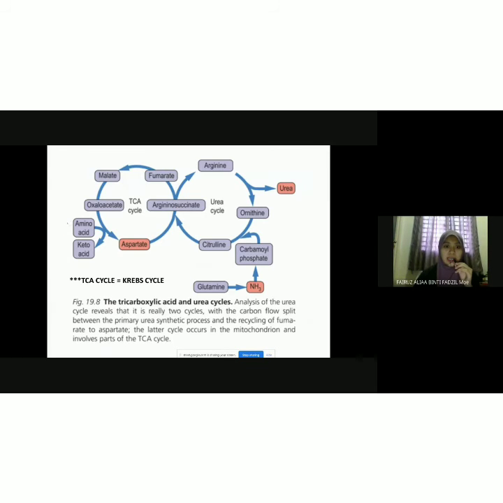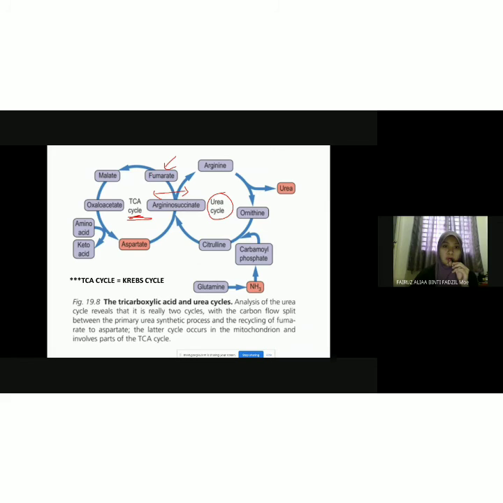If you see here, this diagram just wants to show you the connection between the Krebs cycle, the TCA cycle, and also the urea cycle. The urea cycle just now released the fumarate, right? The fumarate can be converted into aspartate in the Krebs cycle. That's why we say the urea cycle is connected to the Krebs cycle through the fumarate.